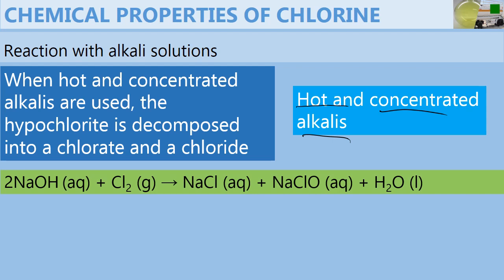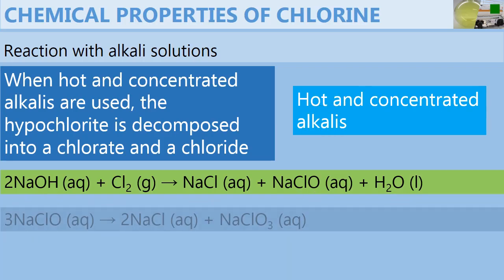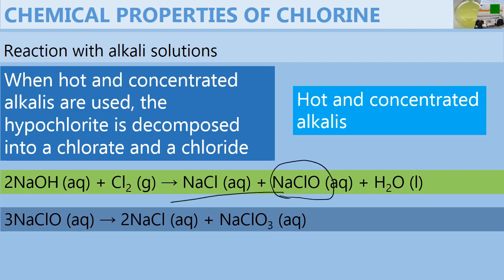Sodium hydroxide, when it is hot and concentrated, reacts with chlorine to give sodium chloride, sodium hypochlorite and water at first. But then, since it is hot and concentrated, the sodium hypochlorite that is formed is decomposed to sodium chloride and sodium chlorate.